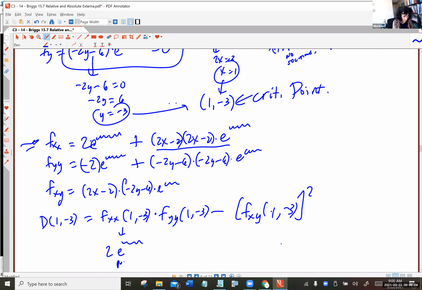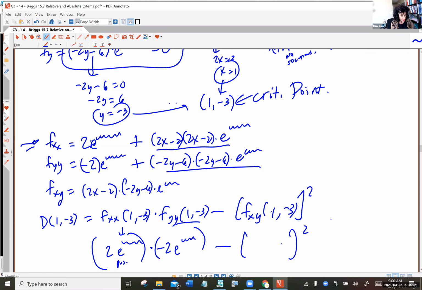And that's going to be something positive. Times, when you evaluate your fyy at this critical point, the second term gets killed off. So you only have that negative 2 e to the blah, blah, blah happening. Fine. Minus, and then when you plug in (1, negative 3) into your fxy, the whole thing is going to go to 0. Okay, fine.